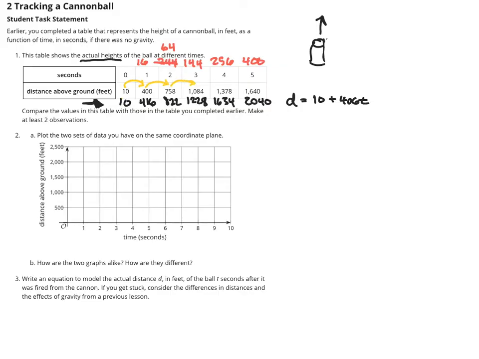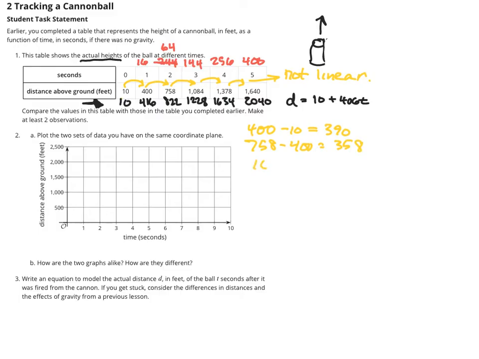Also, I want to point out the differences, if we go this way, the differences between the numbers, if we're trying to figure out if it's linear or not, is not constant. So we find that's not linear. If you do 400 minus 10, you get 390. If you do 758 minus 400, you get 358.